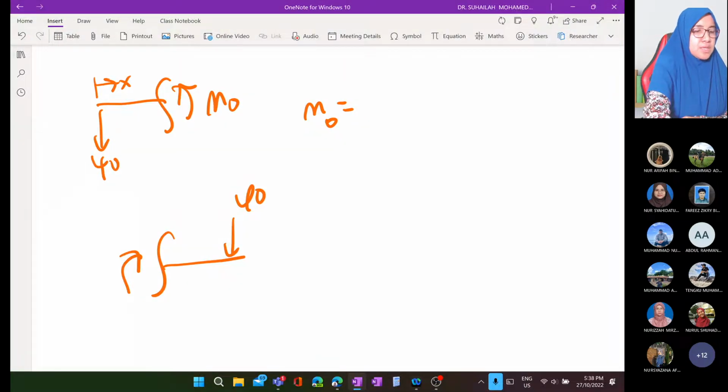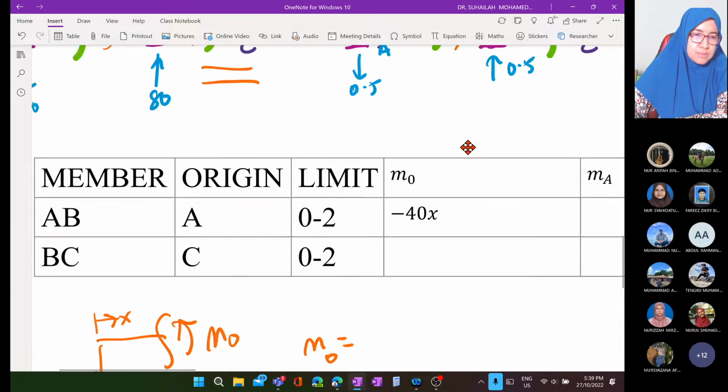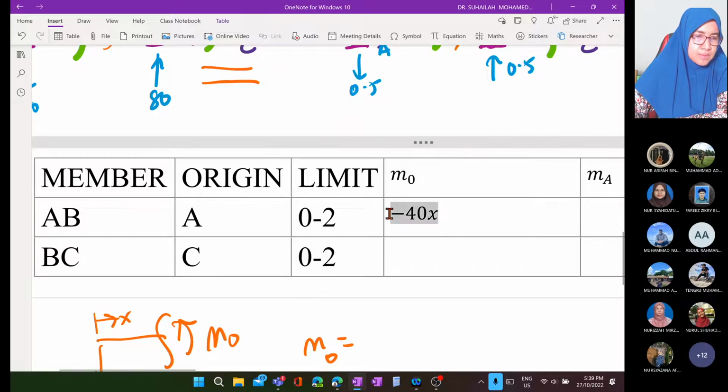So this is M naught, and this is X. What is the equation? 40 multiplied by X, 40x.